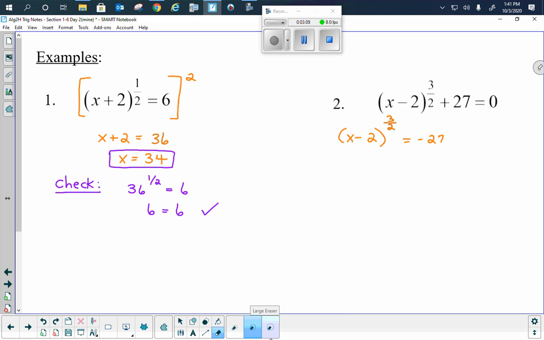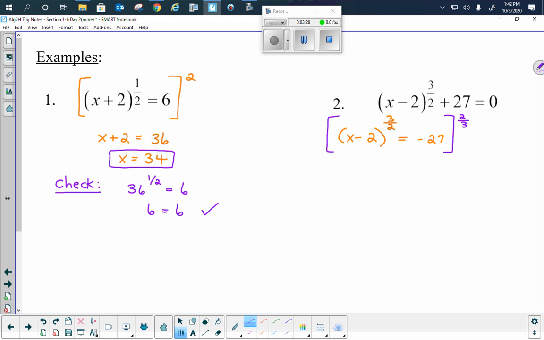And then real quickly, the reciprocal of 3/2 is 2/3. So I'm going to raise both sides to the 2/3 power.